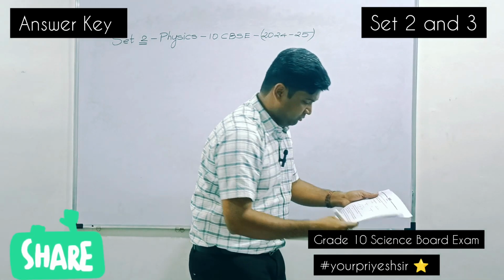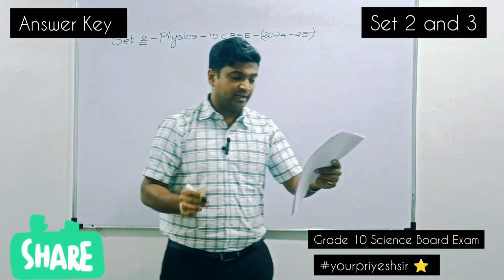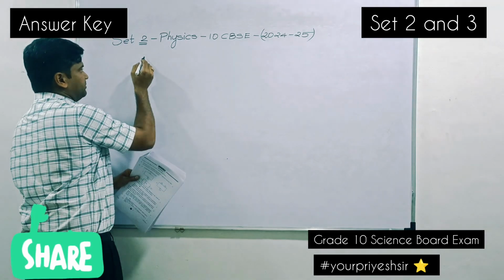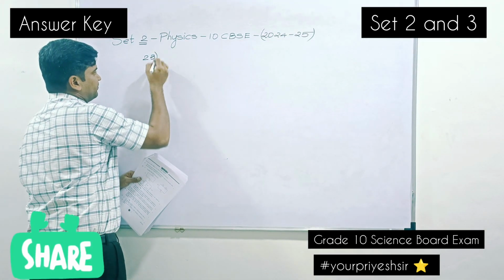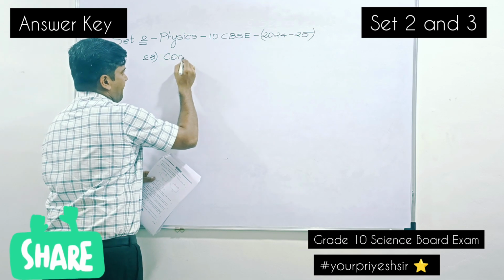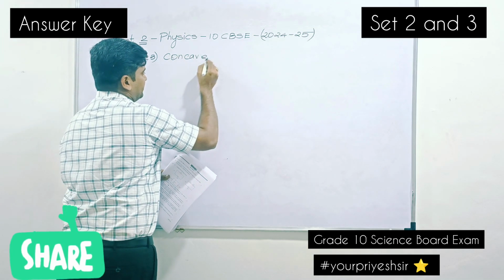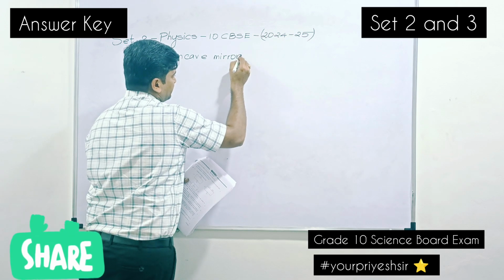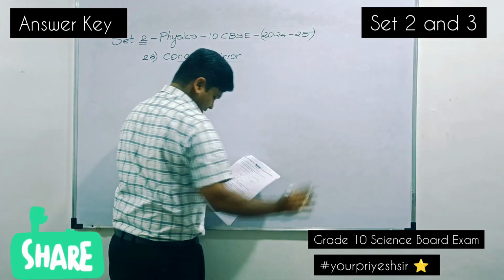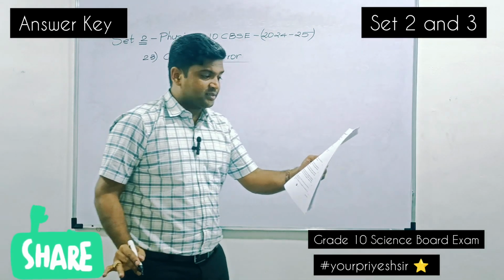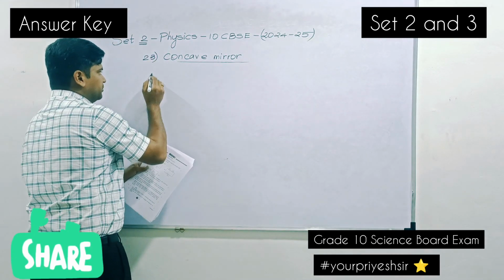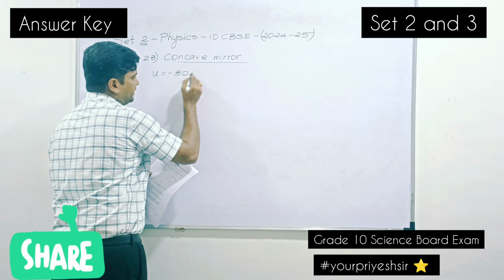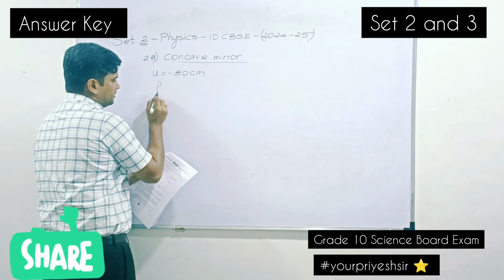Now an object is placed at a distance of 30 in front of a concave mirror. So first let me write the question number 23. The object for me is concave mirror. Now, object placed at 30, U, it's always negative, 30 centimeter.